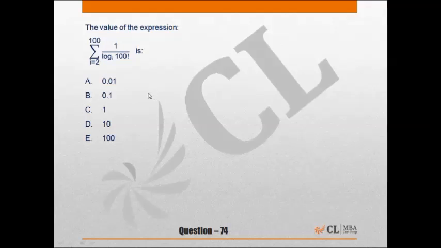In this problem, we have to evaluate the value of summation 1 upon log 100 factorial to base I, where I is from 2 to 100. This is equal to summation 1 upon log I to base 100 factorial.